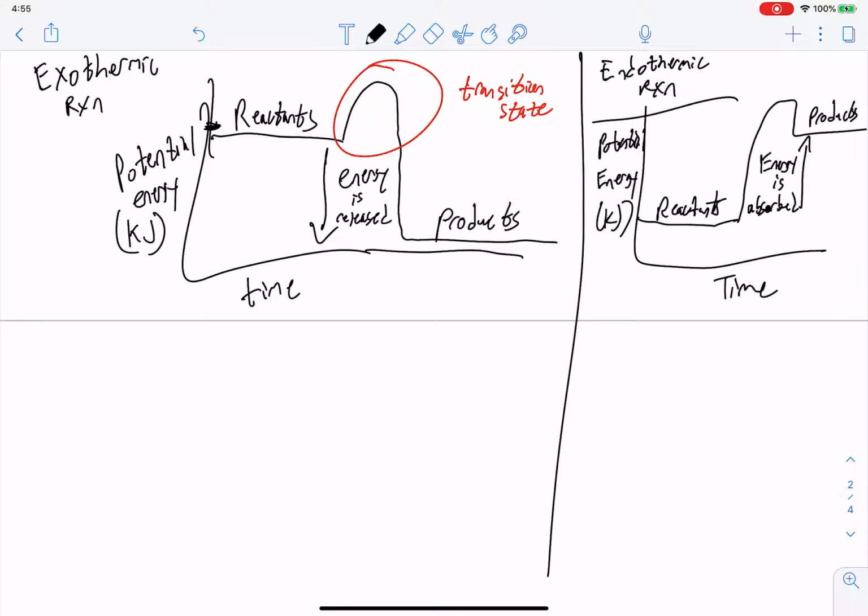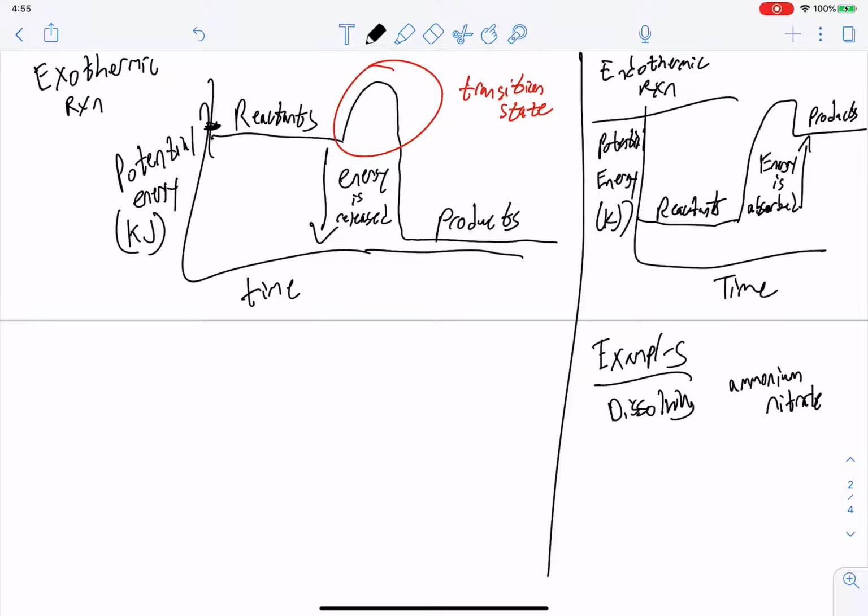All right, and some examples of endothermic reactions. So things like dissolving. It depends on what you're dissolving. So like ammonium nitrate in water, dissolving that is endothermic because the ammonium nitrate is absorbing energy.